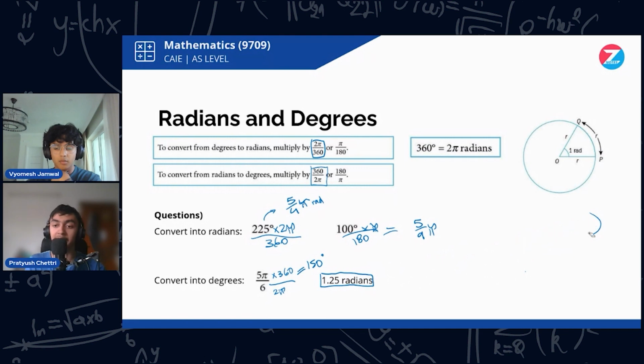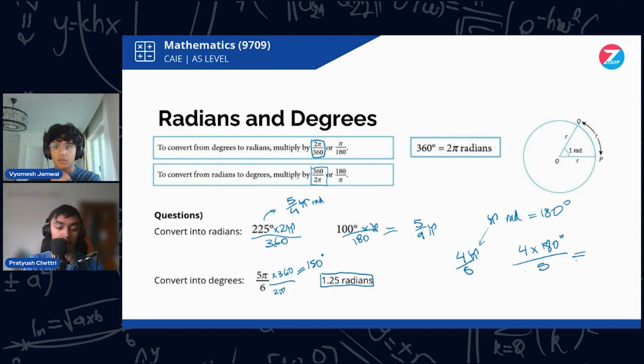Okay, one other cool trick that I keep in mind is I just think 1 pi is equal to 180 degrees. What does that mean? Well, if I have pi radians, that's 180 degrees. So if I see something like 4 over 5 pi, I just turn that pi into degrees. So 4 times 180 degrees over 5.